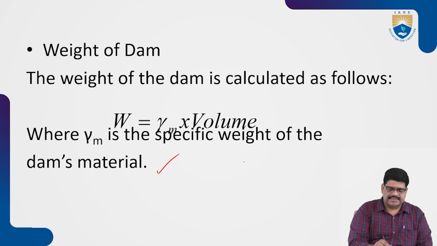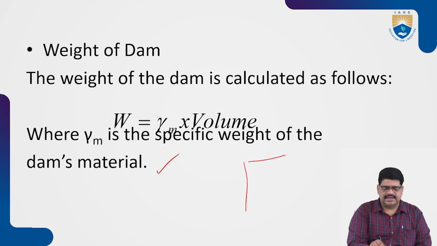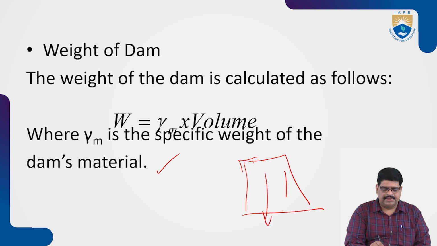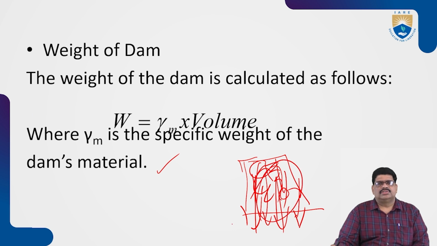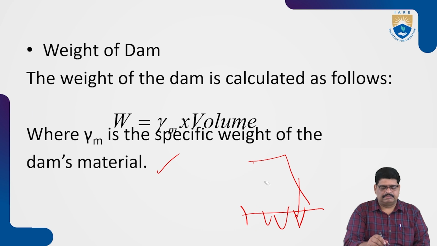Self weight is the weight of the dam constructed on one particular area. The huge concrete structure, which is stagnated at one position, is the self weight. That's why we call it the self weight of the dam.